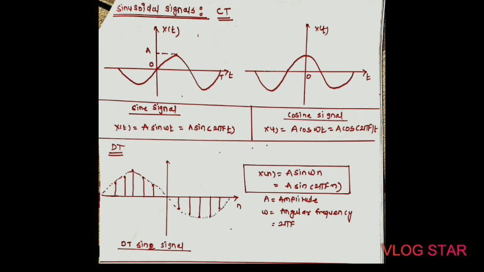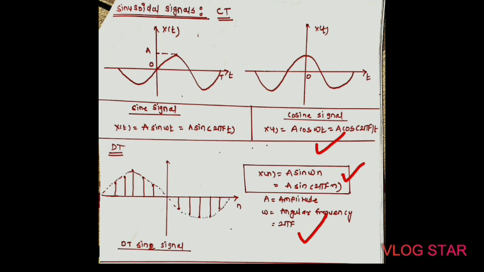In the second case, the discrete time sinusoidal wave is denoted by x(n) = A sin(ωn) or A sin(2πfn), where A is the amplitude and ω is the angular frequency having value 2πf.